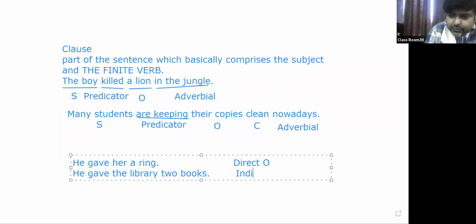Now, to find out which is a direct object, which is an indirect object, we need to ask the question first. When you say what, then you get the direct object, and when you ask whom or to whom, that answers the question that brings out your indirect object.